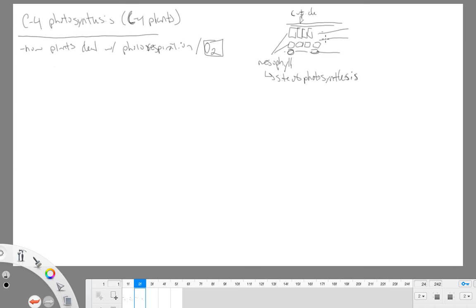Now, there are cells further in the leaf that kind of ring our vascular tissue, our xylem and phloem, and those are called bundle sheath cells. Now these bundle sheath cells are deeper in the leaf, and as a result, they aren't exposed to gases. They're not exposed to carbon dioxide or oxygen.